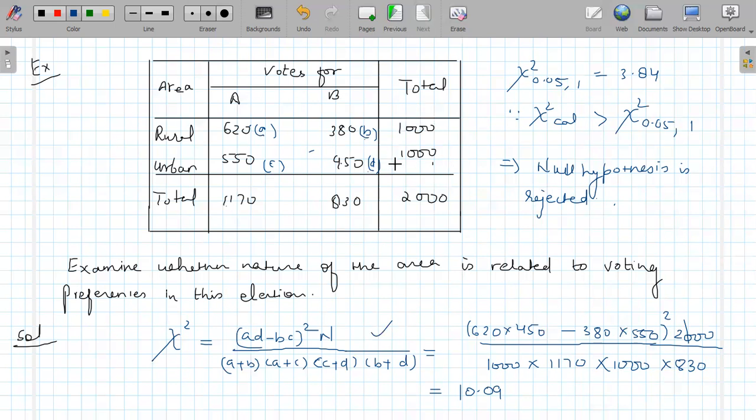You have to multiply these entries: this entry, this entry, this entry and this entry. When you solve it, you will get 10.09, the value of chi-square.